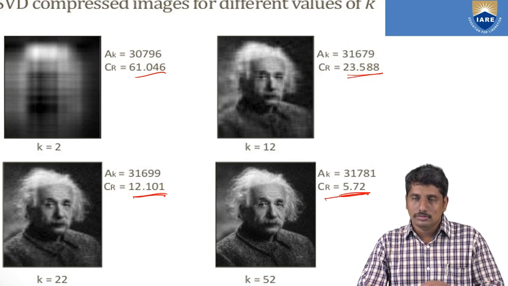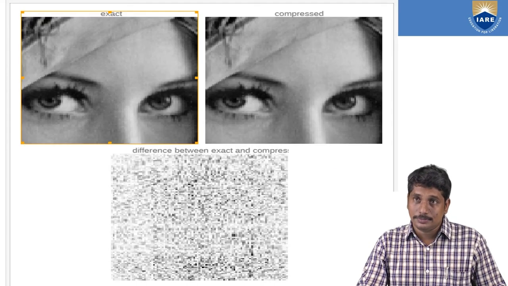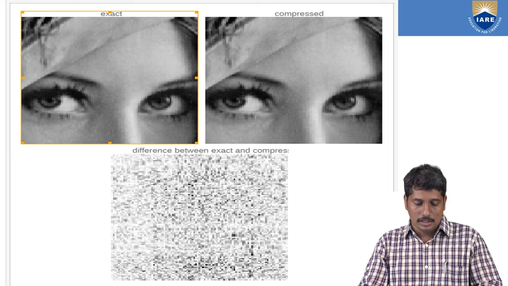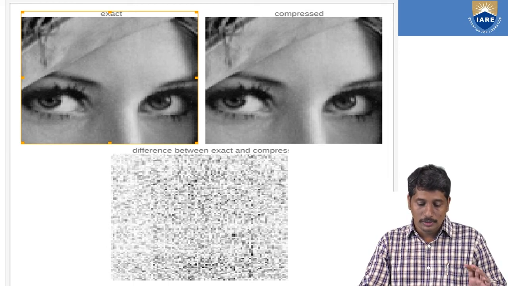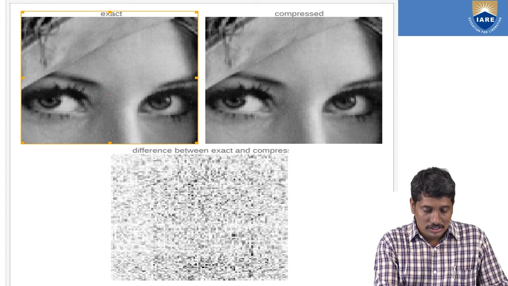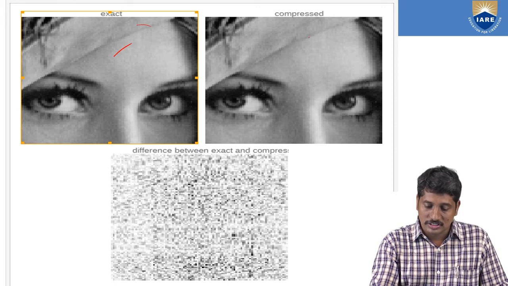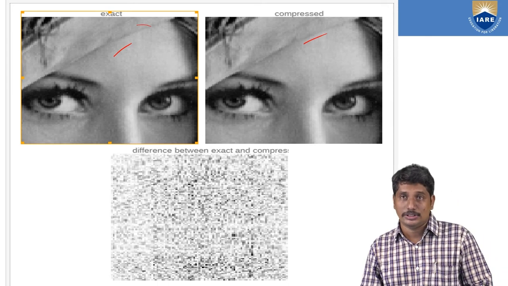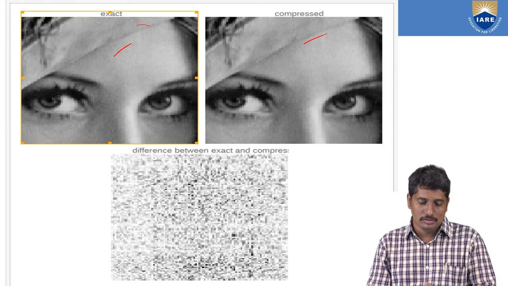Here you are seeing the eyes of a lady model. This is the original photo, and this is the compressed photo. You may have lost some information, but the essence is preserved.